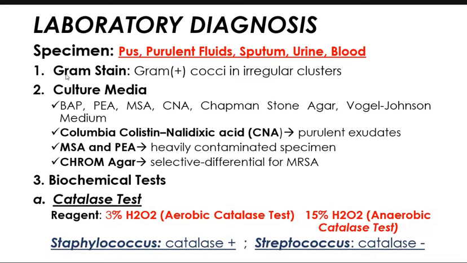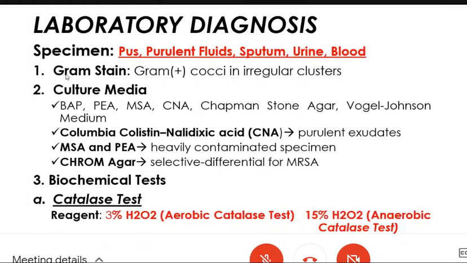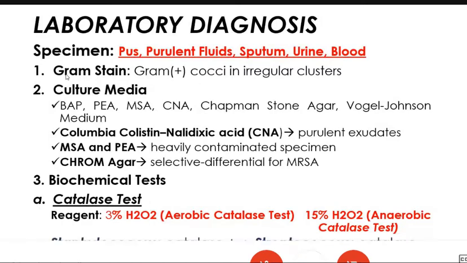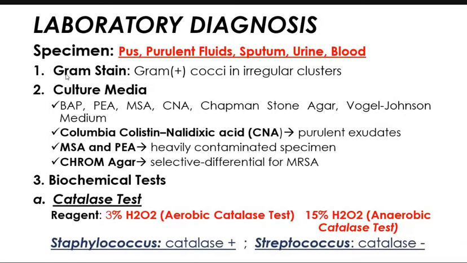So, dito natin ipukulture si Staphylococcus aureus. Then take note there that we have one media that is selective and differential for our MRSA, or our methicillin resistant Staphylococcus aureus. So, ang gagamitin natin if we are entertaining also MRSA would be chrome agar.